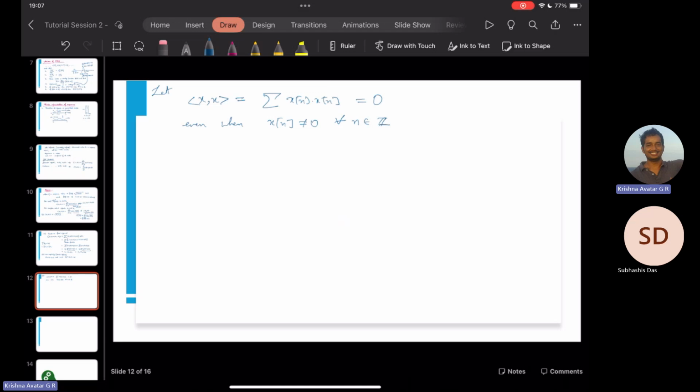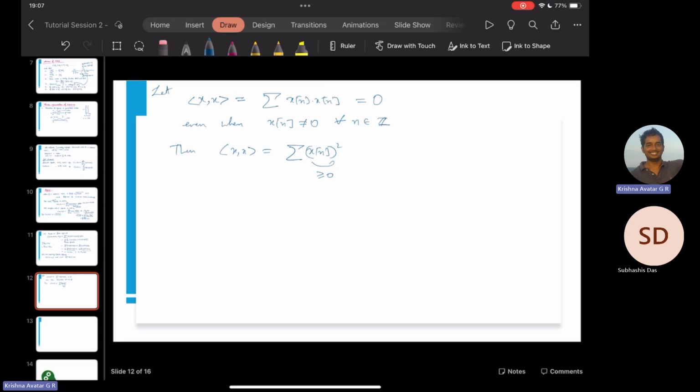Now, if that is the case, then what we see here is that x comma x is going to be equal to the sum of x[n] whole squared. And this is always going to be positive, or at the very least be 0.